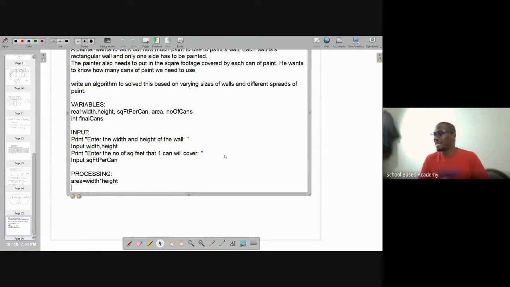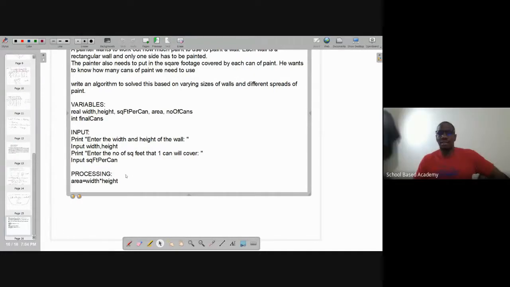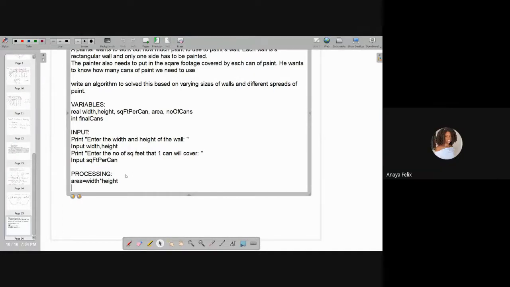The next statement, anybody can suggest it. You have to divide the square feet per can with the area. Right, so as a statement, that might be square feet per can divided by area.